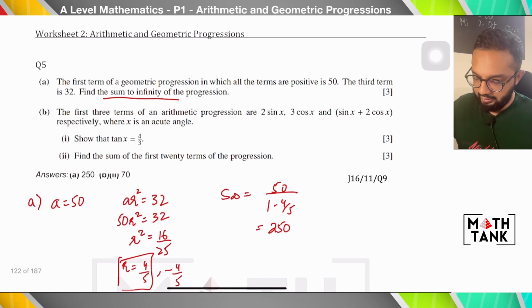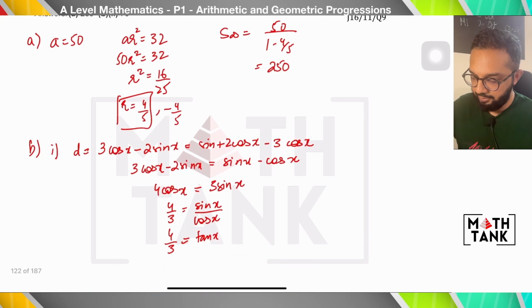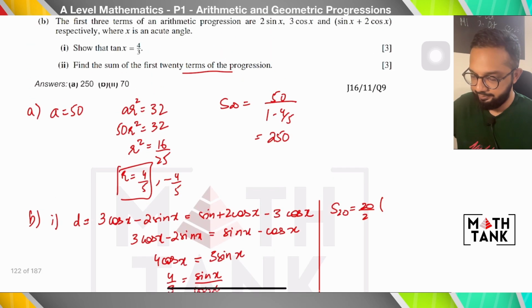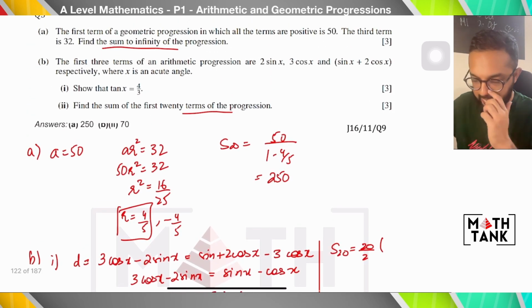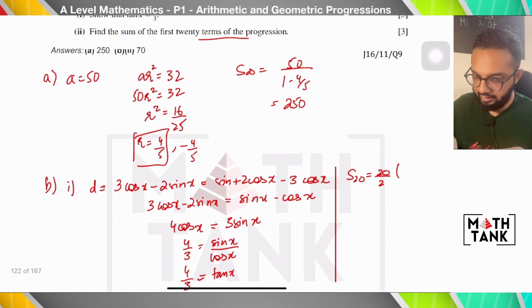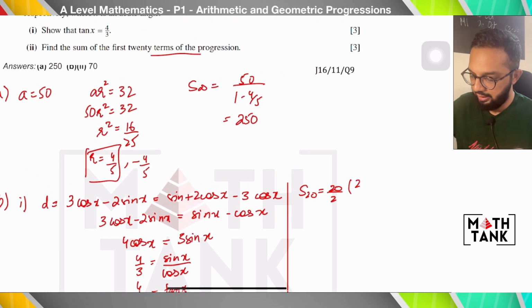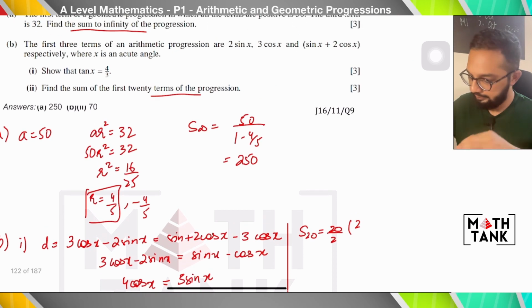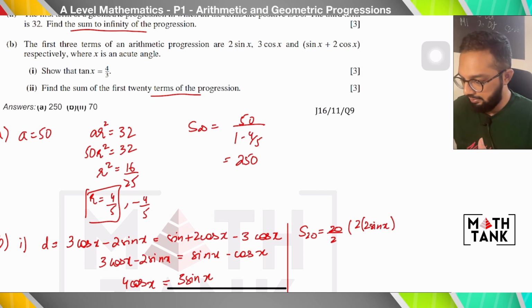Then it says find the sum of the first 20 terms of the progression. So I'm going to say that the sum of the first 20 terms is 20 over 2, 2a, where x is an acute angle. So I will need x. So, 2a, sorry, 2 sin x plus n minus 1, that is 19 times d.